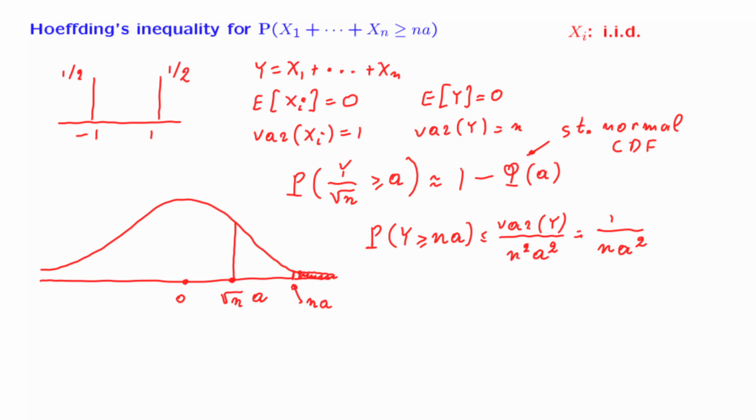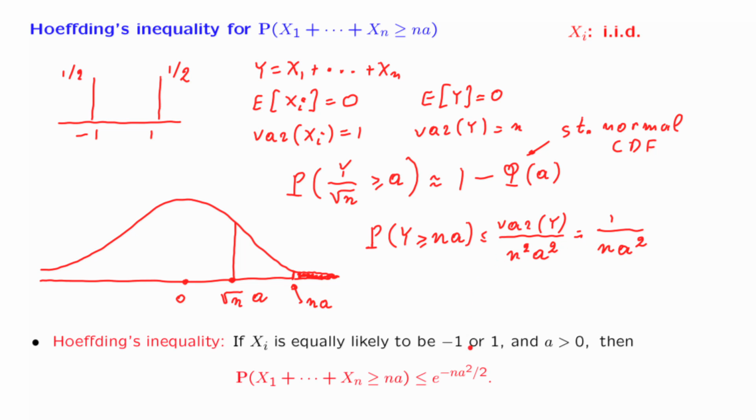So Chebyshev's inequality tells us that this probability goes to 0, and it goes to 0 at least as fast as 1 over n goes to 0. However, it turns out that this is extremely conservative. Hoeffding's inequality, which we are going to establish, tells us something much stronger. It tells us that this tail probability down here falls exponentially with n. So this is what we want to show, and let us get started to see how the derivation goes.